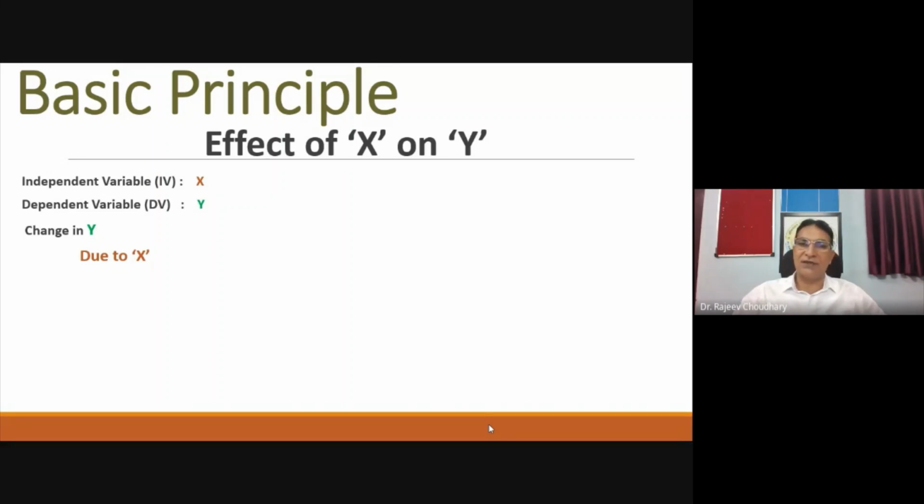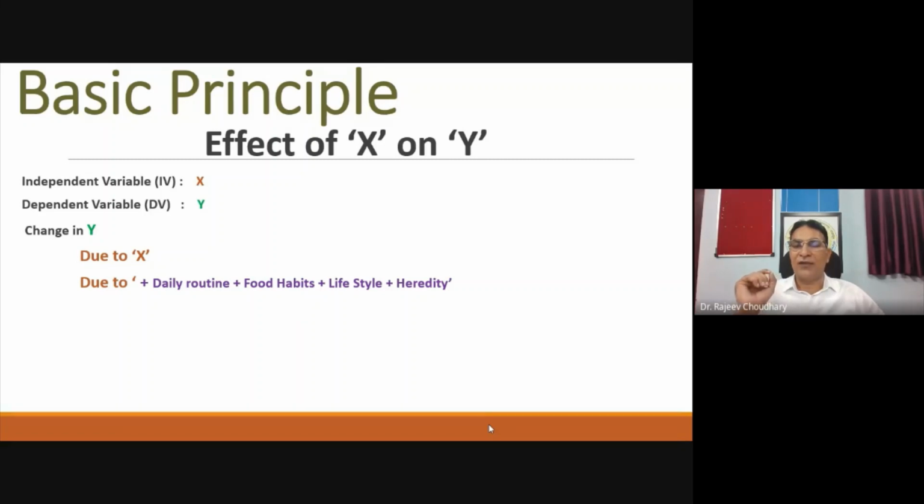But ladies and gentlemen, that never happens. Change in Y depends on other factors also. The interest of the investigator is to find out the change in Y only due to X, and other factors may be daily routine, food habits, lifestyle, and heredity.